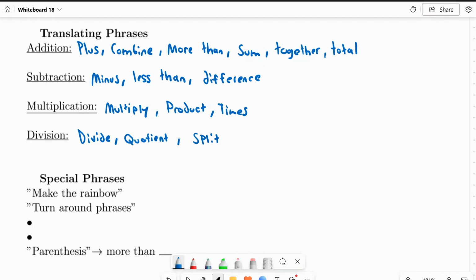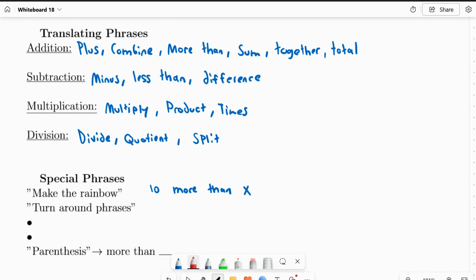So some of the special phrases that we will see will kind of change things for us a little bit. One of the types of terms is making a rainbow. So if I gave you the phrase 10 more than X, in a case like this, you would make a rainbow, which would say that more than is our phrase.